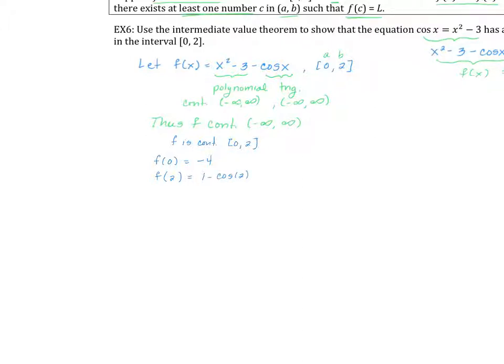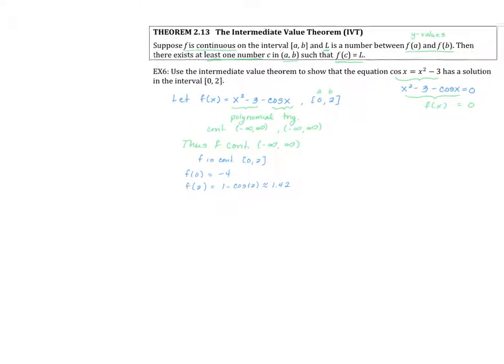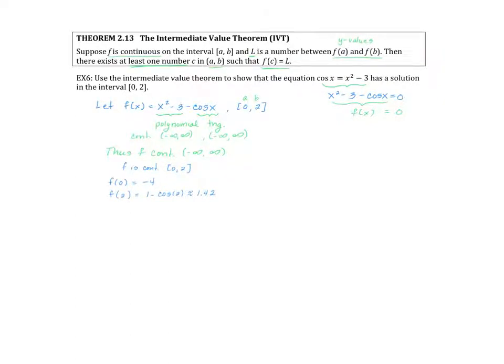So when you put that in a calculator, that's approximately 1.42. So we have to show that our L is between -4 and positive 1.42. But what is L? This is where you find your L. Our function is equal to 0, so L is equal to 0.